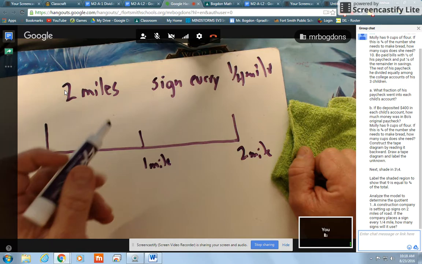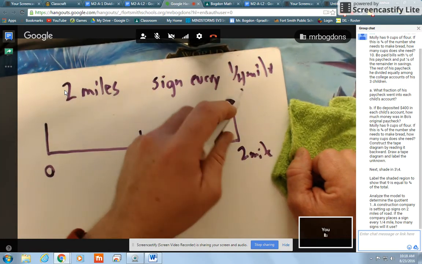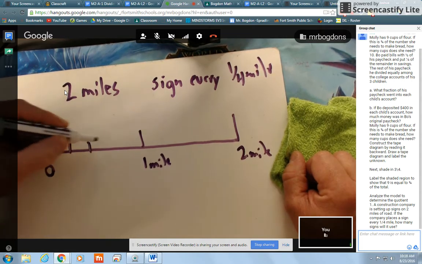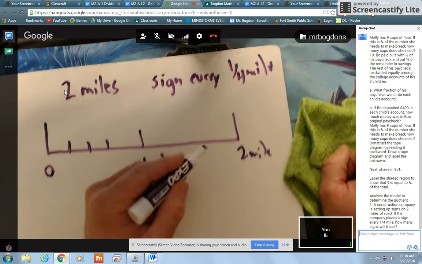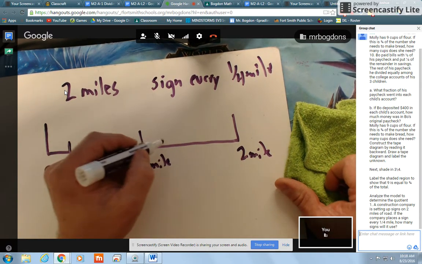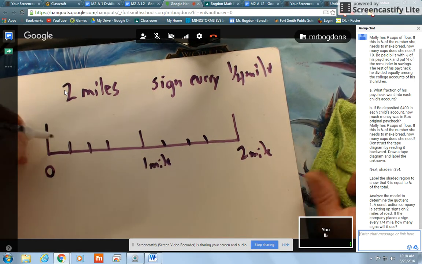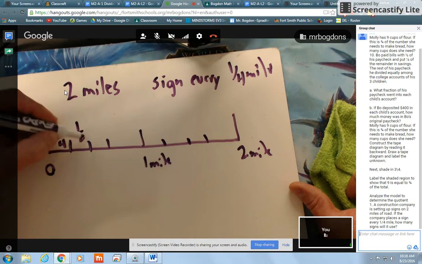So how many quarters are inside the first mile? 1, 2, 3, 4. How many fourths are inside the second mile? 1, 2, 3, 4. So I can count these if I wanted to.